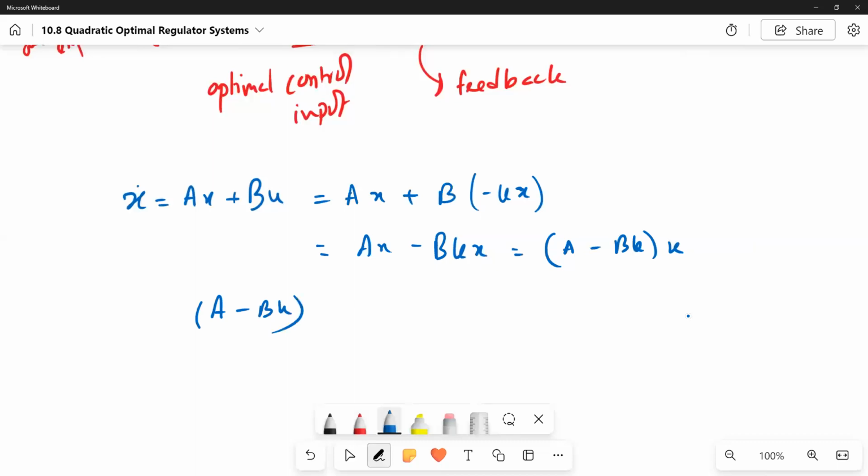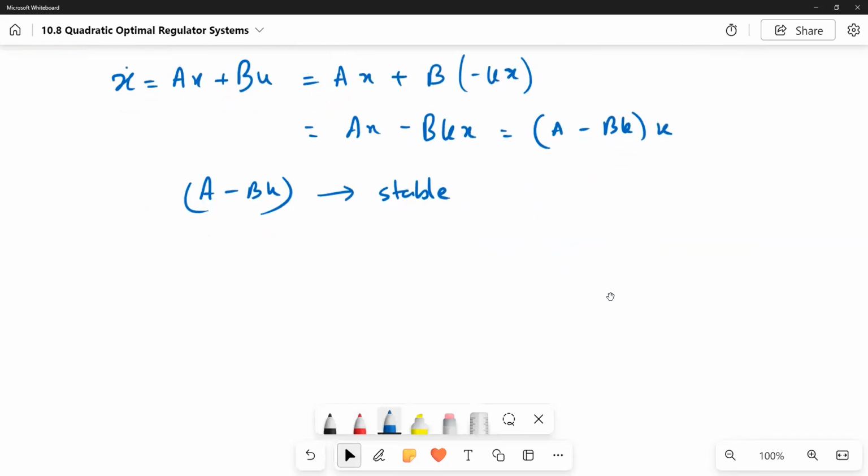We assume that this matrix, our new system matrix, is a stable matrix. If the system is not stable, then there is no point in optimizing anything. So the first assumption is always that your system is stable.